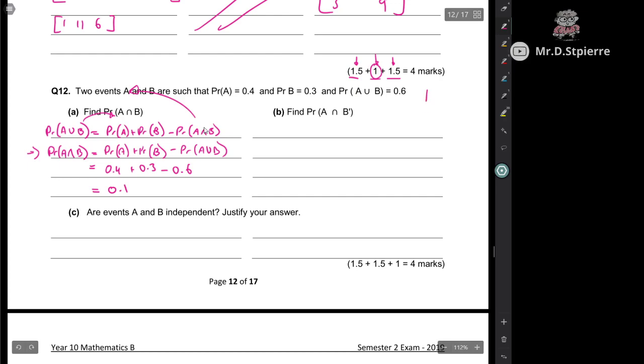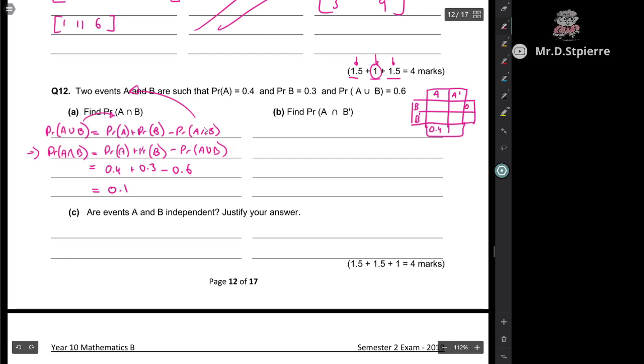We could do a little two-way table, and I might do that now to help explain some of this. So we have A, not A, B, not B. Left off the totals here. So probability of A is 0.4.